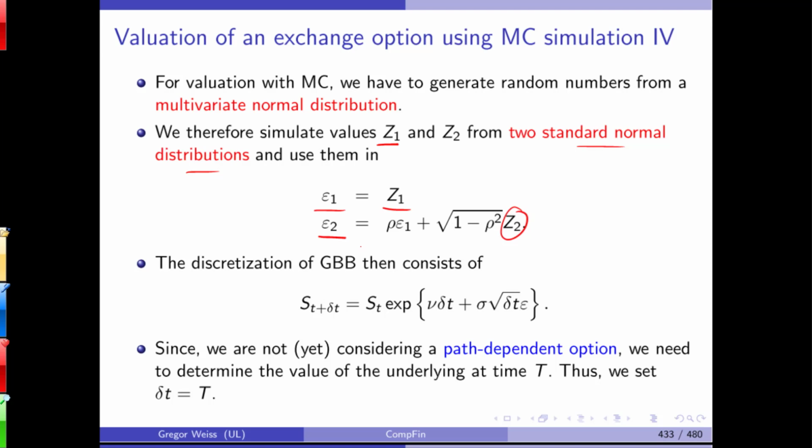The reason. Can you see why we set delta t to capital T? Quite simple. The spread option only looks at the terminal values of the underlying. So it doesn't matter if the path looks like this or this.